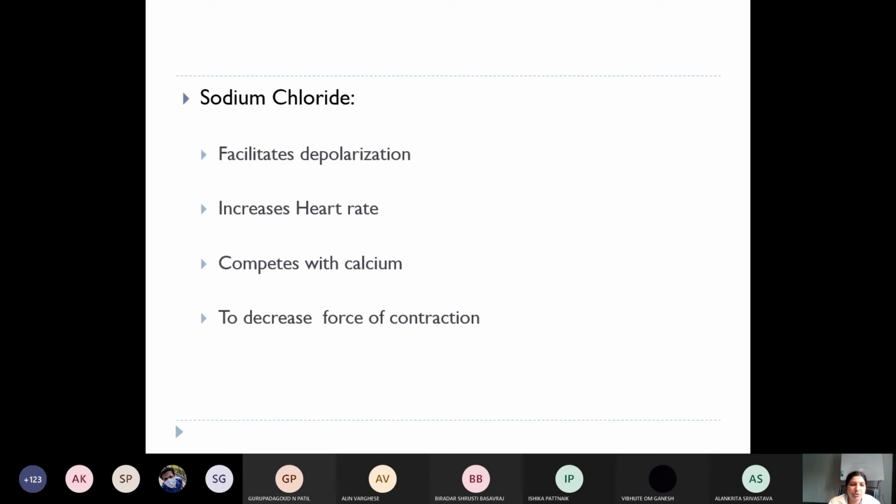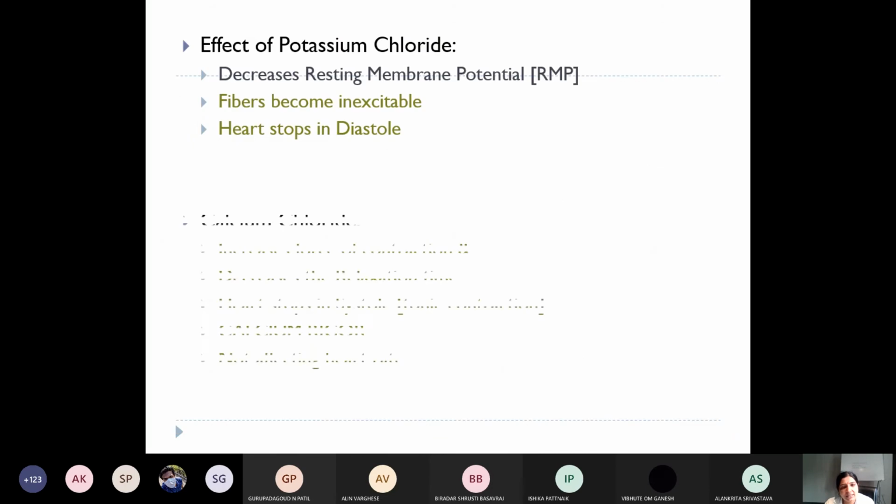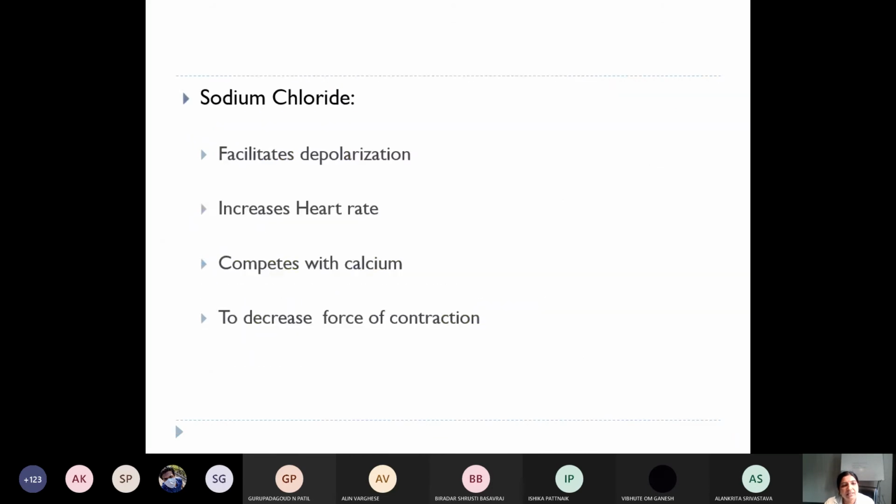So sodium will bind more, more depolarization occurs, and it decreases the force of contraction. If you remember this graph, there was a decrease in the force of contraction, but the rate is increased. So sodium chloride, competing with calcium, reduces the force of contraction but increases the heart rate, by facilitating depolarization.